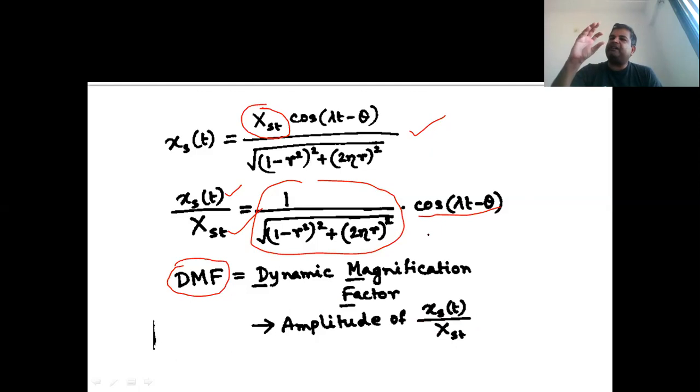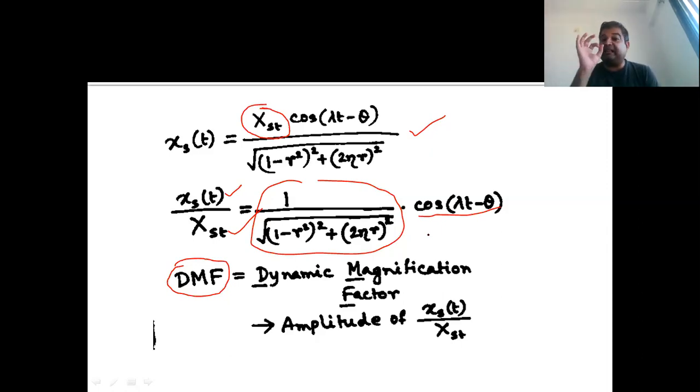So what is that multiplying factor? How is this magnitude magnified when it goes from static displacement to dynamic displacement?